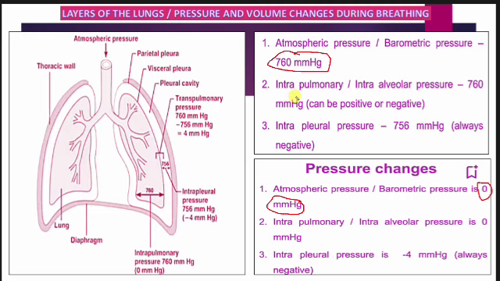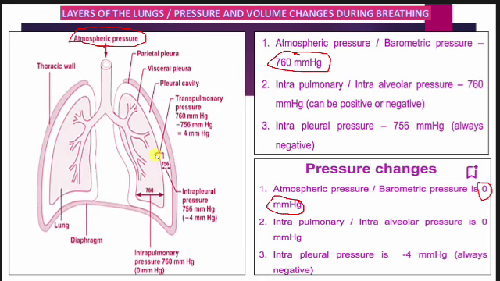The next one is the intrapulmonary pressure. What is intrapulmonary pressure? The word pulmonary simply means the lungs. So the intrapulmonary pressure is the pressure that is inside the lungs. Look, over here you have atmospheric pressure, the one in the atmosphere.